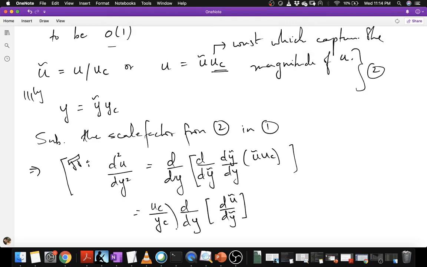So this uc by yc comes from the action of one derivative. I can now act the second derivative again by using the same chain rule, so you will just get a repetition of the factor. So you get uc by yc the whole square, and now the second derivative of u tilde by y tilde.